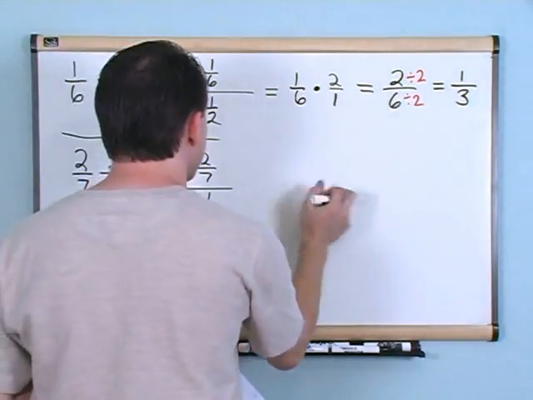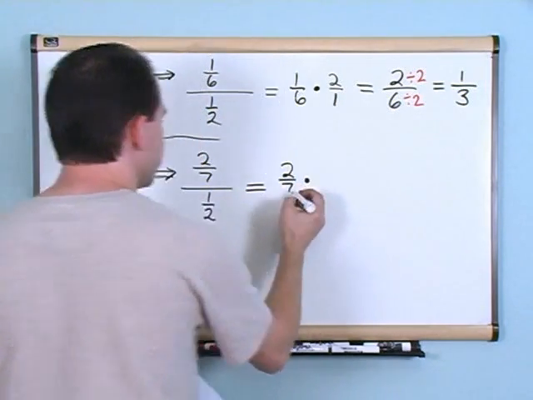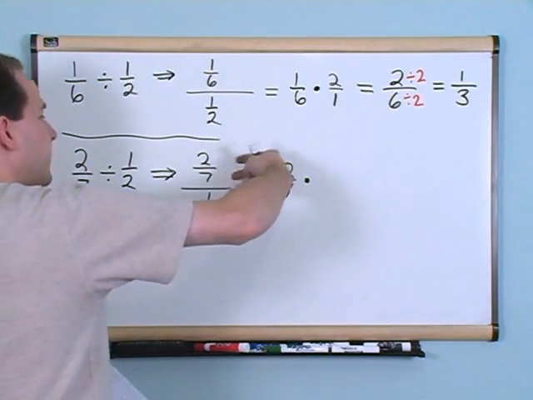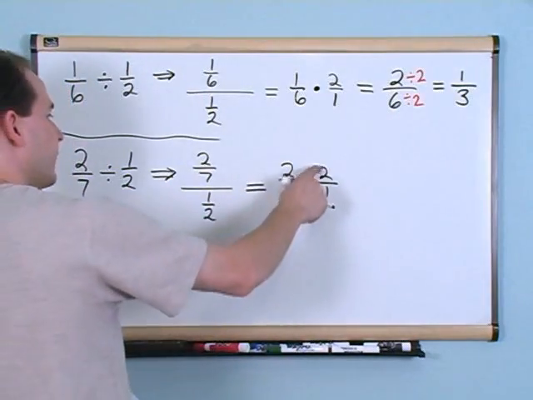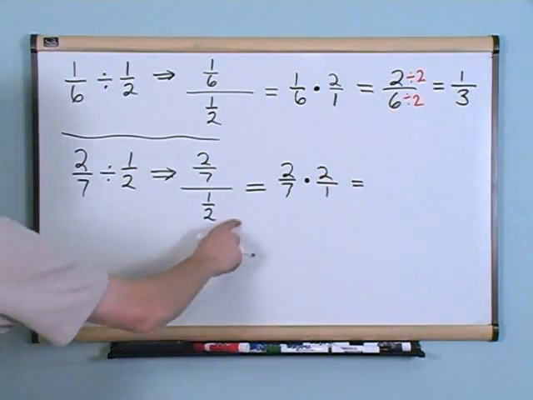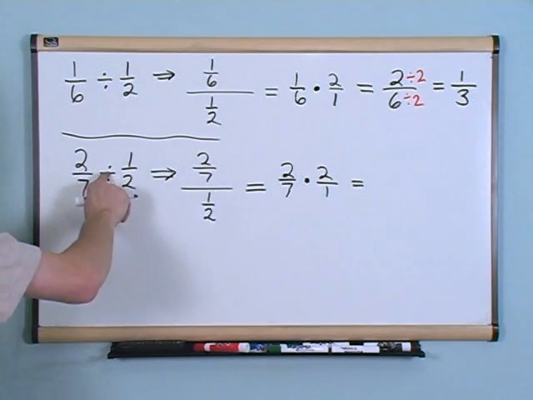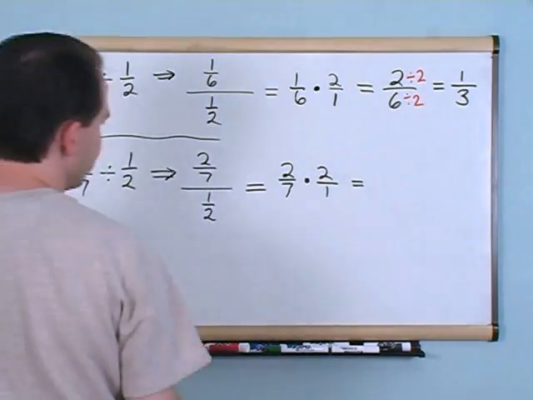It helps me because whenever I write this down, I can write it as 2/7 times, changing it into a multiplication, I take this bottom fraction, flip it over, and write it over here, 2/1. 1/2 becomes 2/1, okay? Now, you don't really need to write this down. I mean, you could start from here and you could just write this first number down, put a multiplication, and flip the second number down. That's fine. It's just, I get in the habit of doing it this way.